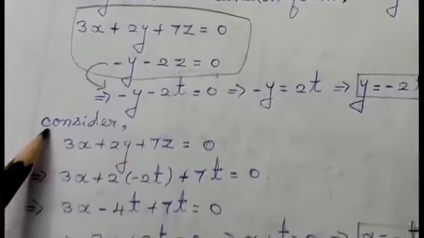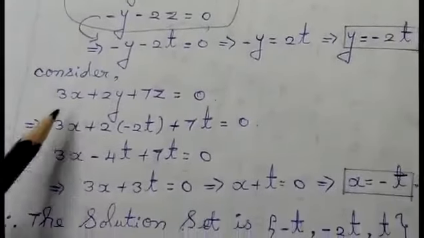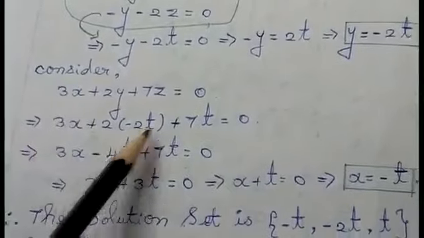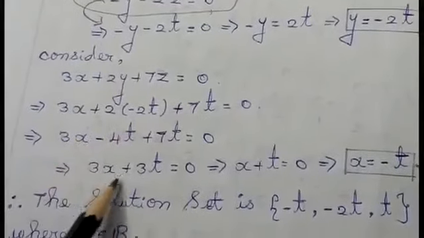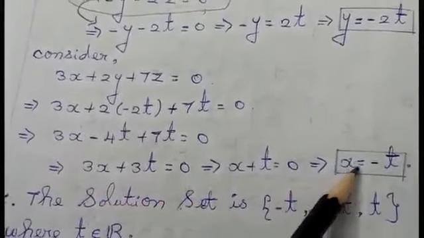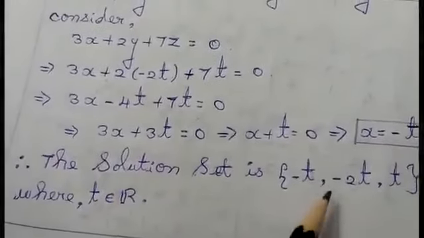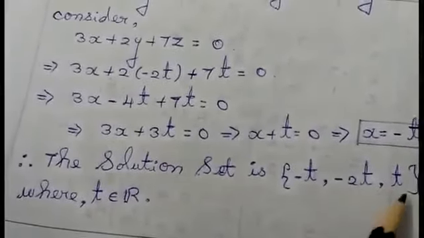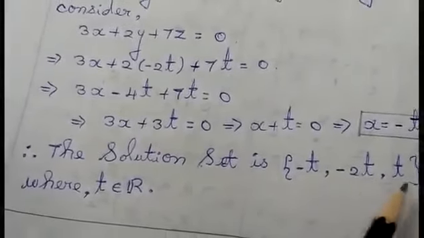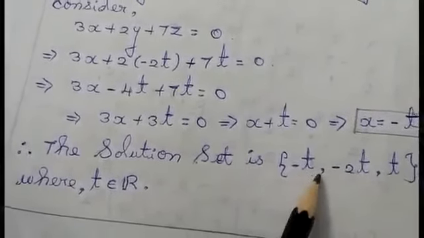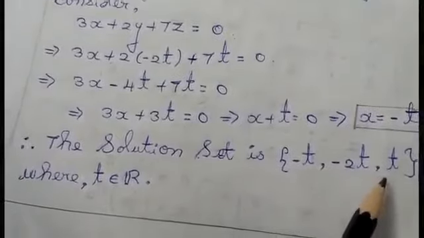Now I am taking the first equation and replacing the values for y and z. Finally, after calculating, I will be getting x equal to minus t. Therefore, the solution set is minus t, comma, minus 2t, comma t, that is x, y, z, and this is known as infinite number of solutions.